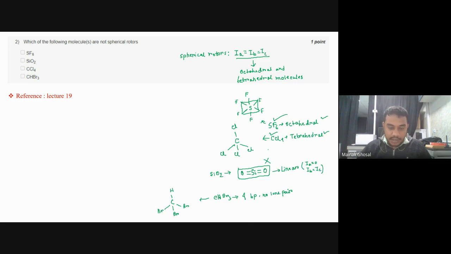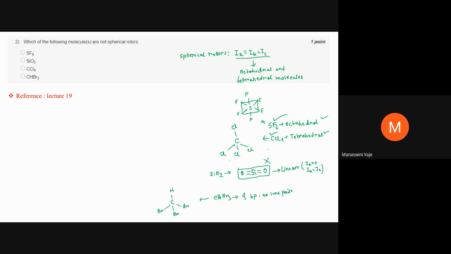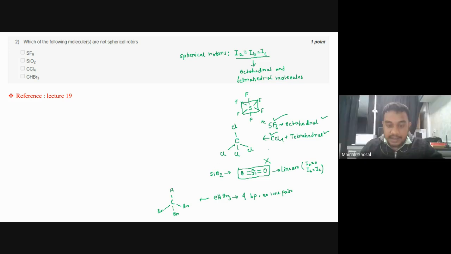Now, what is the difference between these two, or are these two structures apparently the same? Exactly, except for the hydrogen. Here, one hydrogen is there and three bromines are there.